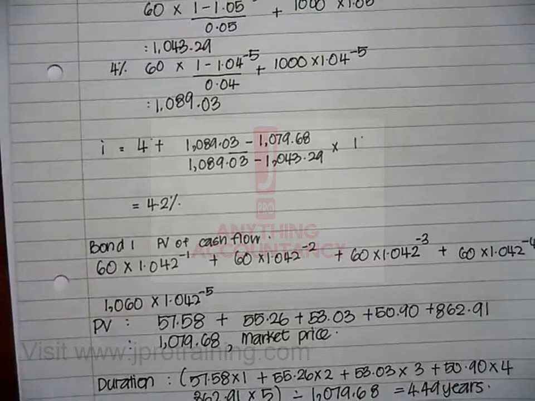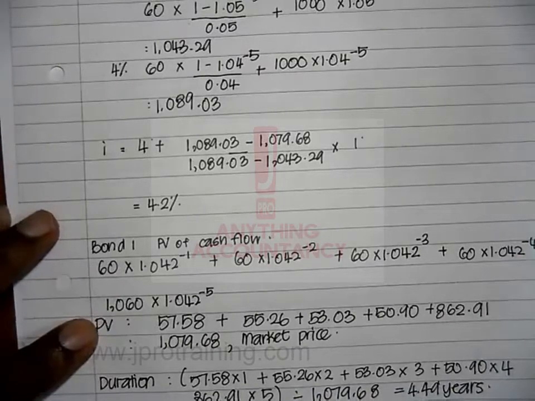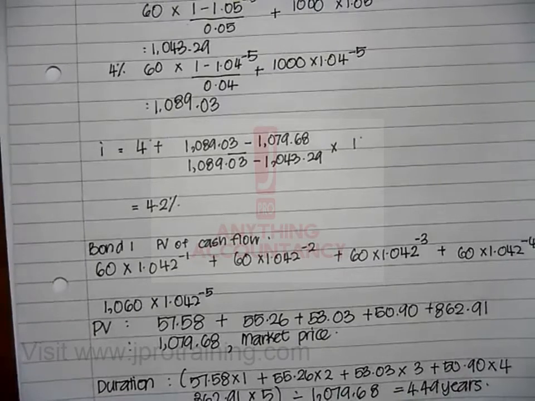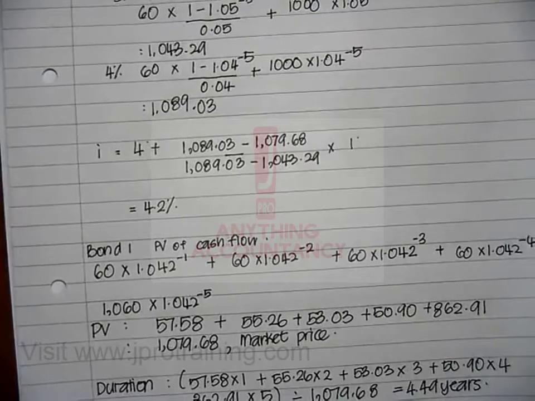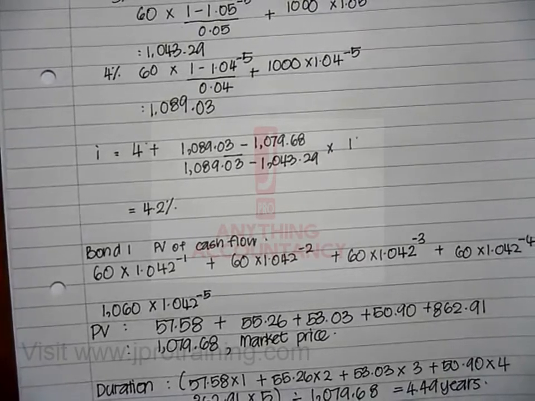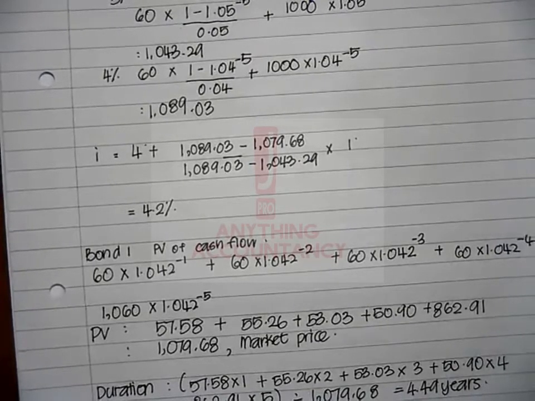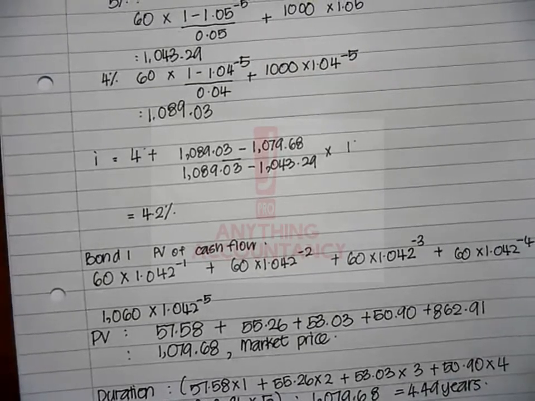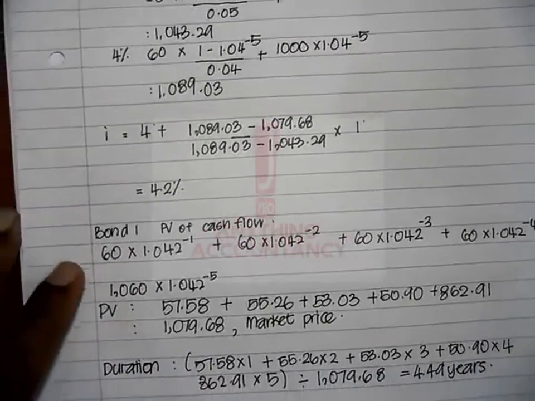So what do you get? The PV is going to be, well, that's the value of this kind of bond at that date.